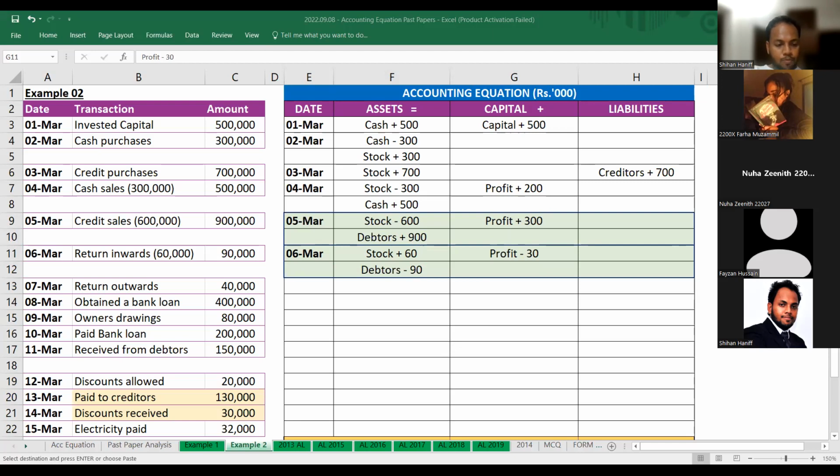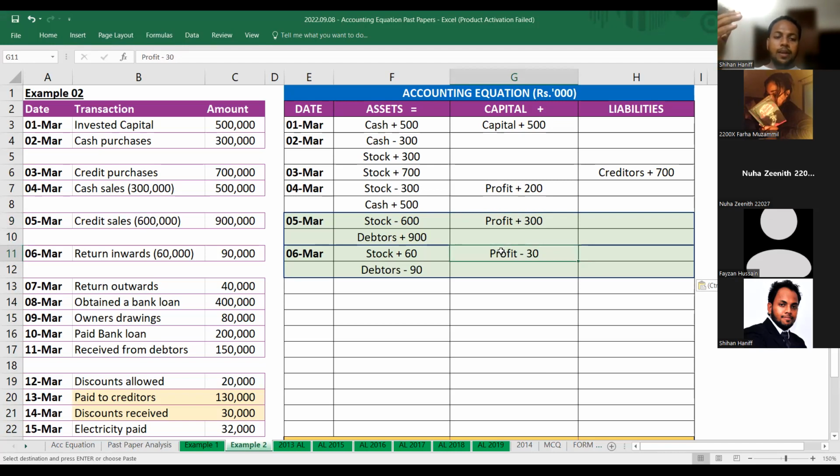Okay, so we move to the next. Now, how is it profit? Here we have added the profit. The profit only reduced here. Okay, it's not a loss.